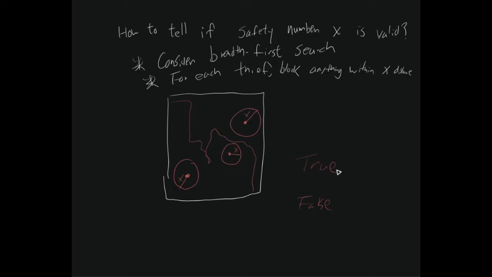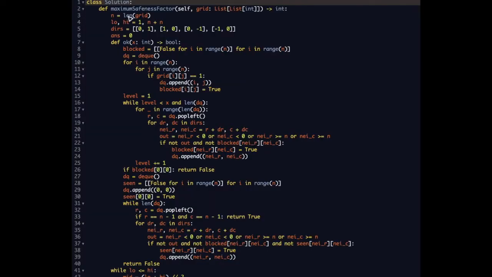Let's take a look at how we can actually solve it in code. So first, we're going to initialize n as the size of the grid. Then we're going to create the range of the binary search. As mentioned, the range will be from 0 to n plus n.